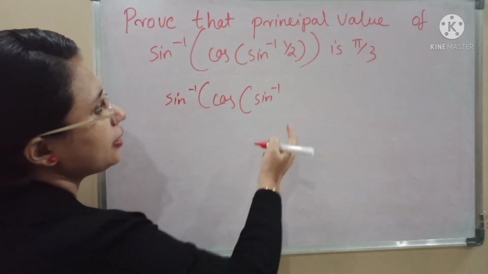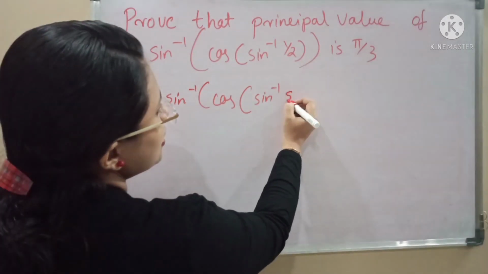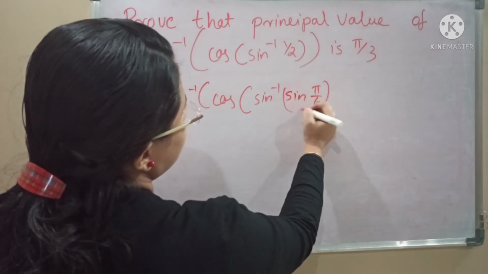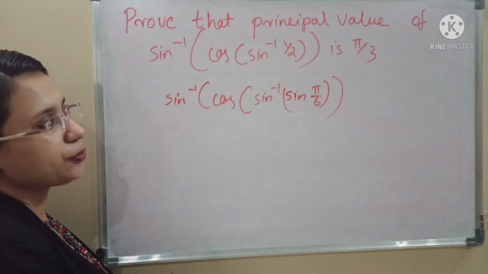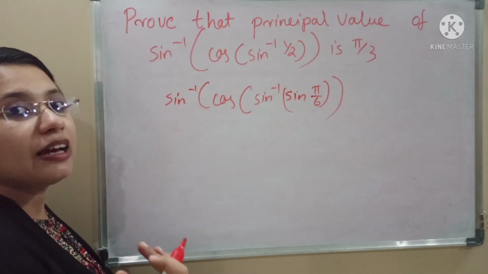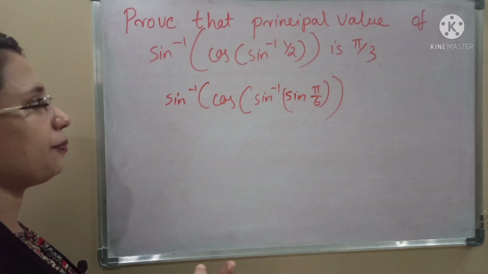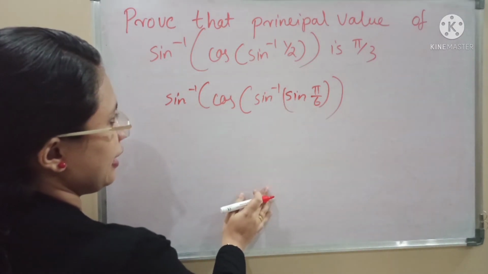So 1 by 2 will come from sine pi by 6. Sine pi by 6 is 1 by 2. So in place of the number we'll substitute the corresponding radian value, which means the terms with pi. Okay. Now sine inverse and sine will get cancelled.